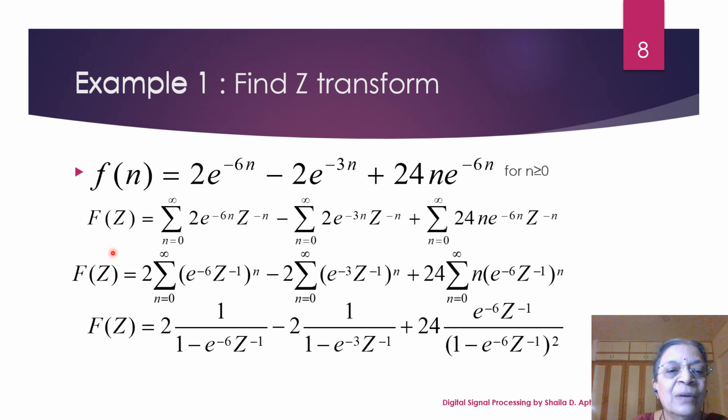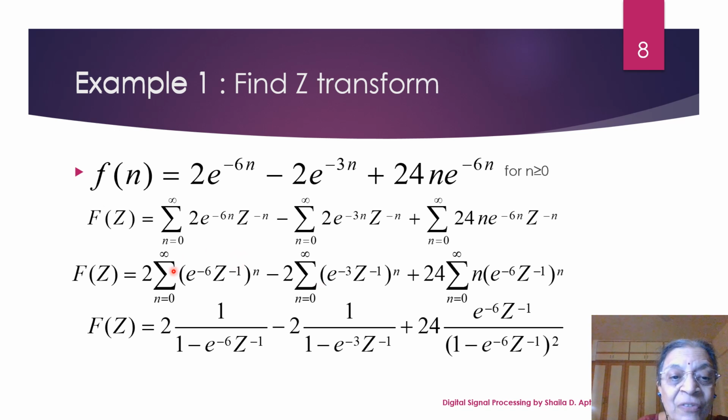So we can write Fz as equal to twice e raised to minus 6 z inverse raised to n, minus 2 e raised to minus 3 z inverse raised to n, plus 24 n into e raised to minus 6 z inverse raised to n.